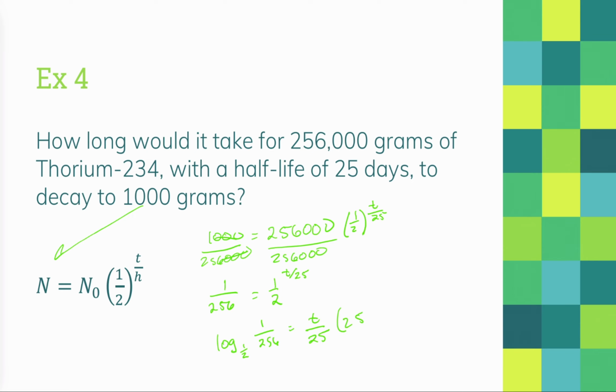And then we can multiply both sides by 25 and get that T is equal to 25 log base 1/2 of 1 over 256, which is 25 times log base 1/2 of 1 over 256. And that ends up being 200 days. We know it's in days because our half-life is also in days.